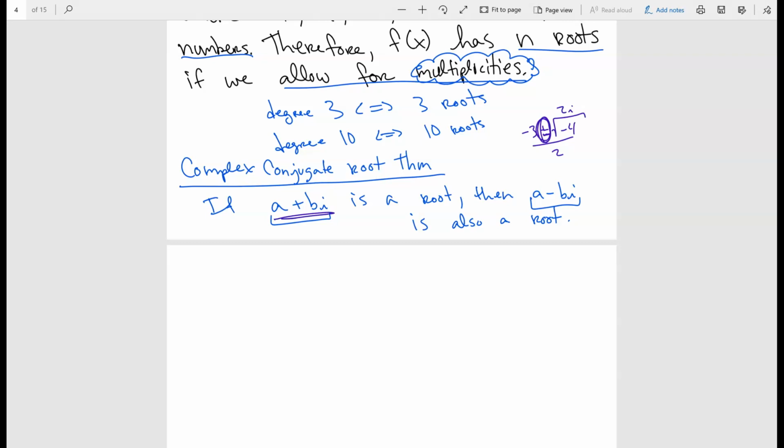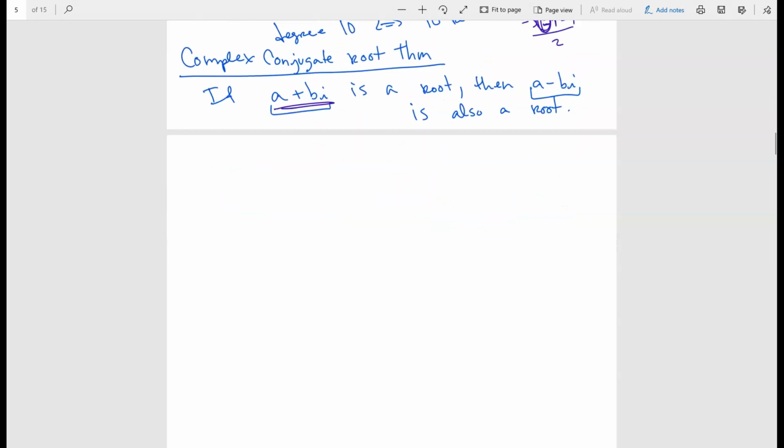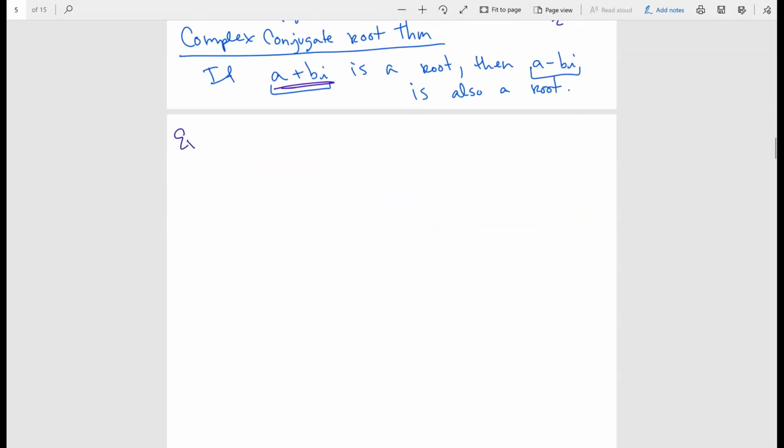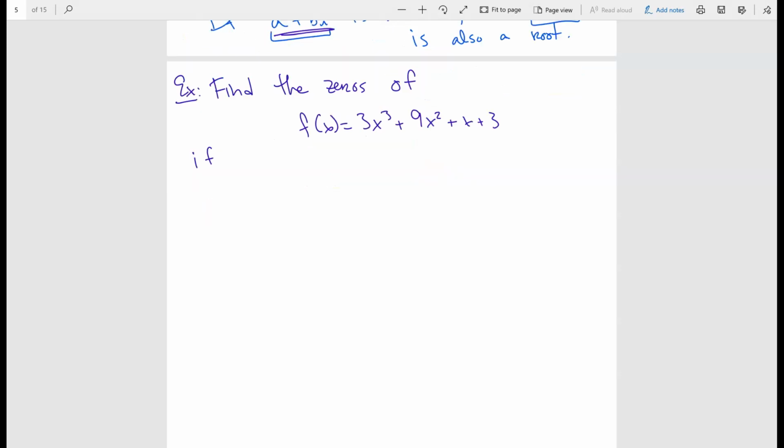So let me give you an example. We'll do a couple of them. Find the zeros of f of x equals 3x cubed plus 9x squared plus x plus 3, if x equals -3 is a root. Here we want to find the zeros, and we know that x equals -3 is a root.